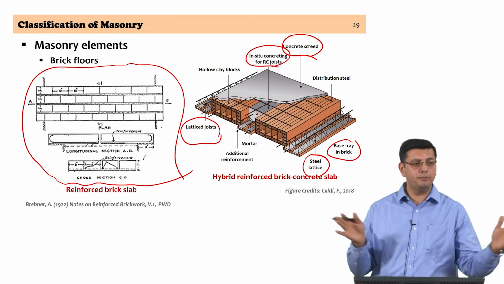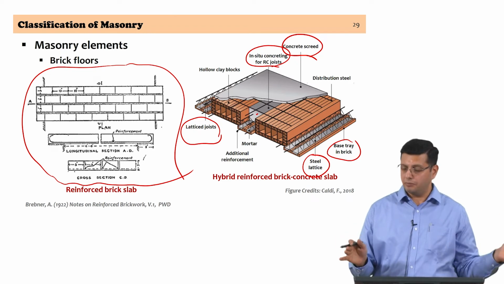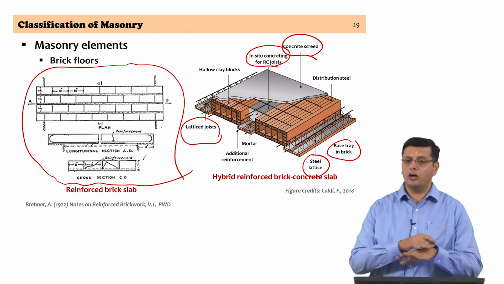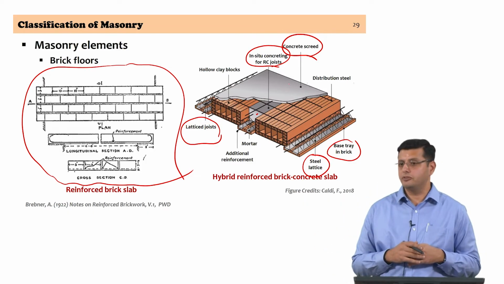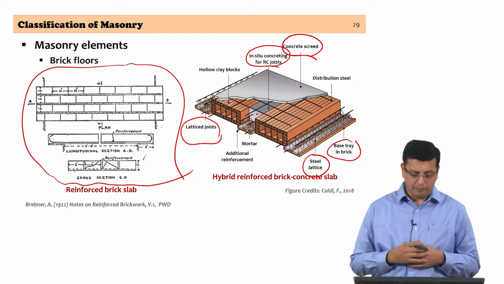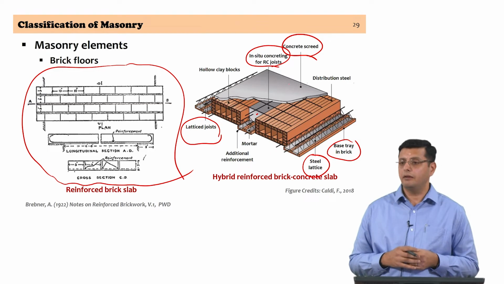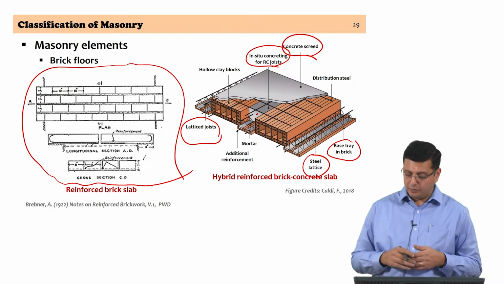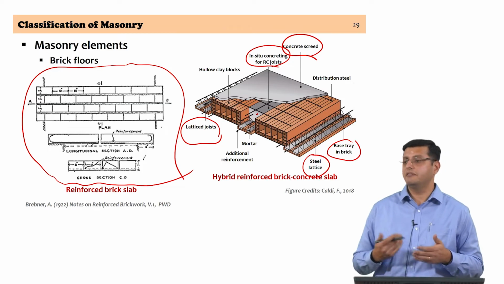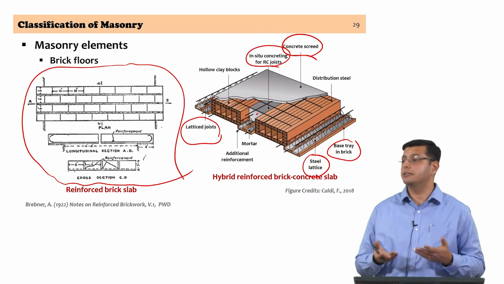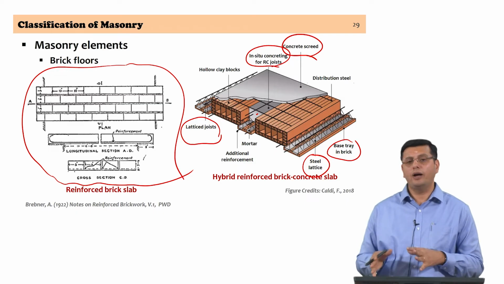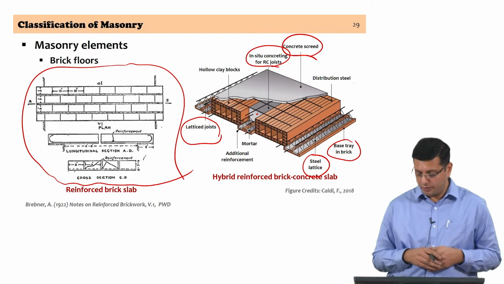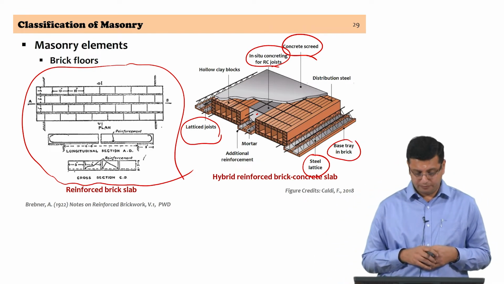All the other elements are precast, prefabricated, brought to the site and assembled, and the screed concrete alone is executed at the site. So, this is definitely becoming a popular system for construction. The other advantage is that these hollow slabs may functionally be used for some ducting as well. So, you have an interesting structural cum functional solution in the form of modern brick concrete floors.